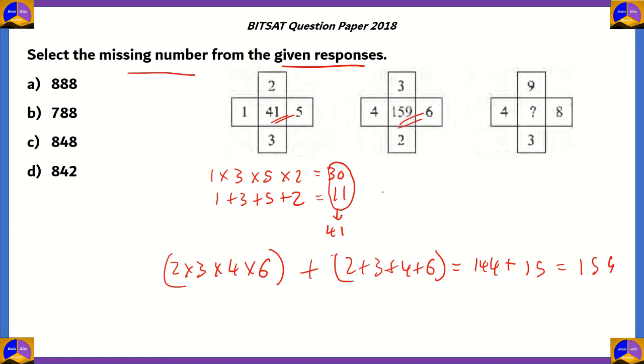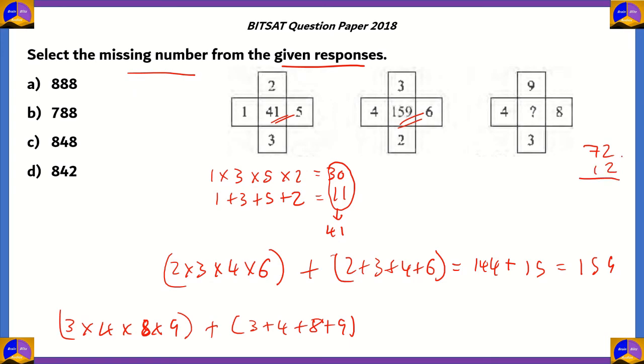So we now know that this is the correct relation. Now let's use this relation and find out the missing number in the third figure. So it is 3 into 4 into 9 into 8, added to 3 plus 4 plus 8 plus 9. 3 4s are 12, 9 8s are 72.